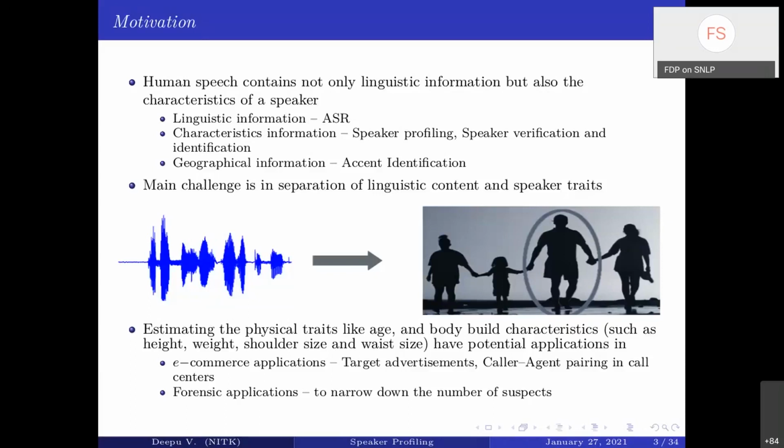For example, old people, are they facing any special difficulties with the products, etc. That's the major motivation behind looking at the speaker profiling task, to estimate these parameters from speech.